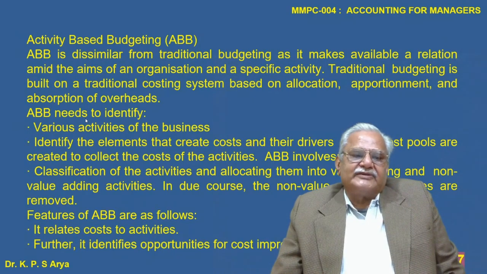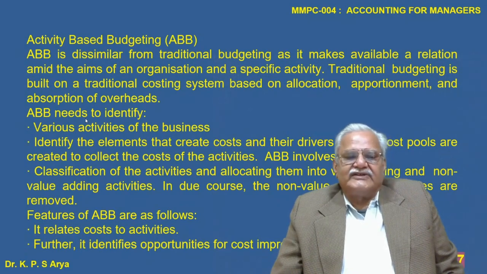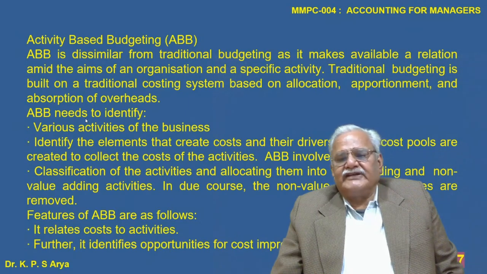ABB needs to identify various activities of the business, identify the elements that create cost and their drivers. Then the cost pools are created to collect the cost of the activities. ABB involves classification of the activities into value adding and non-value adding activities. In due course, the non-value adding activities are removed.